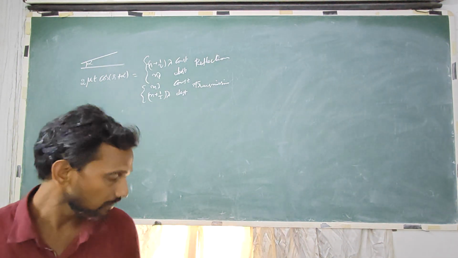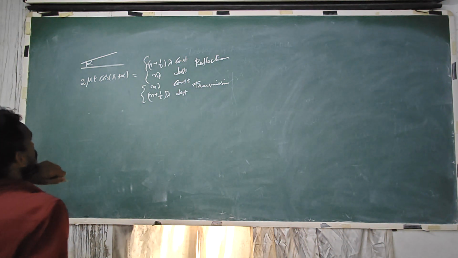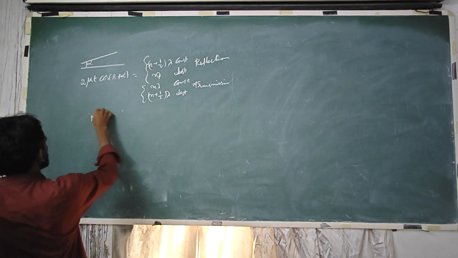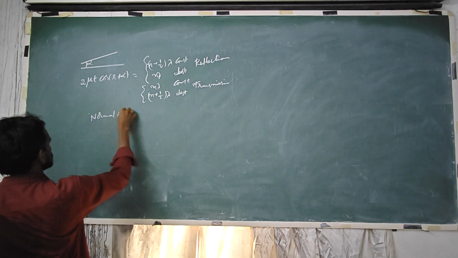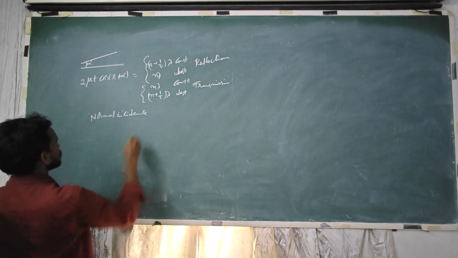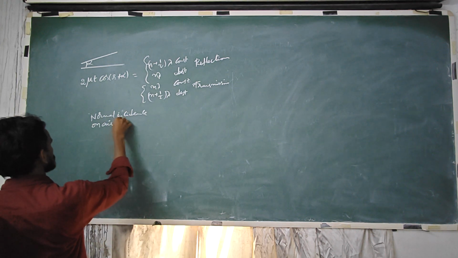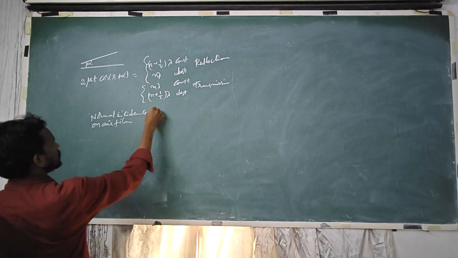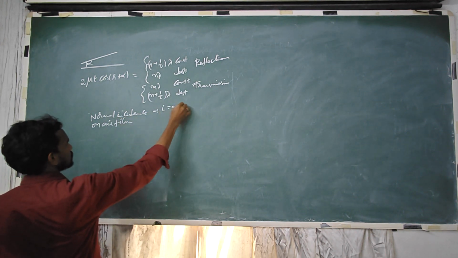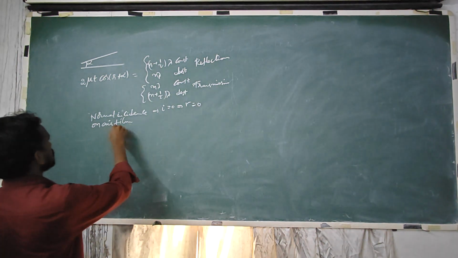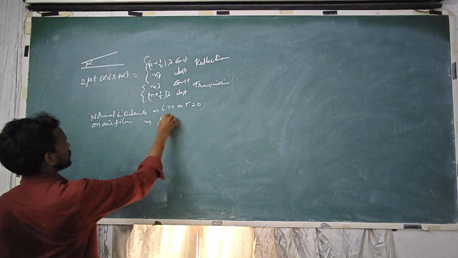Okay, so now we consider the case of normal incidence on an air film. So i is equal to 0, r becomes 0. It is an air film, so the refractive index is 1.